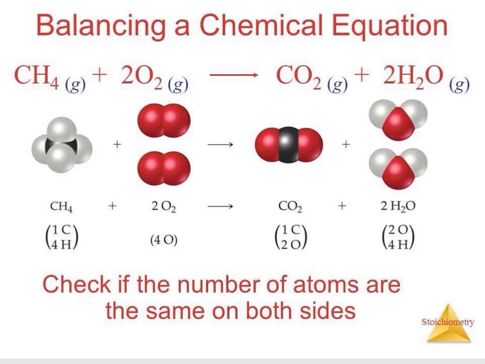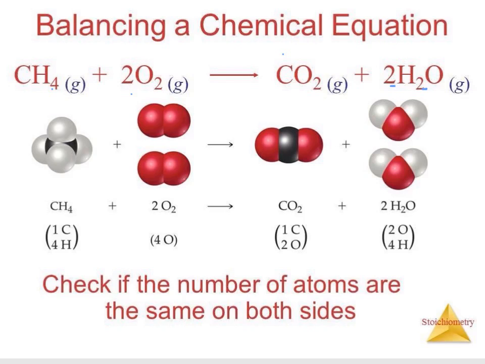For carbon, the reactant side has only 1, and the product side also has 1. Balanced. We check hydrogen. Hydrogen on the reactant side has 4, and on the product side, that gives you 2 times 2, that is 4. So we also have a balanced number of atoms for hydrogen. For oxygen, we have 2 as a coefficient and 2 as a subscript, that gives you 4.